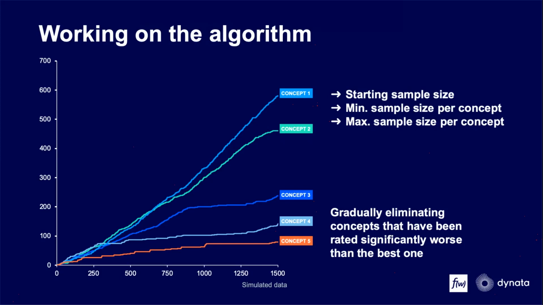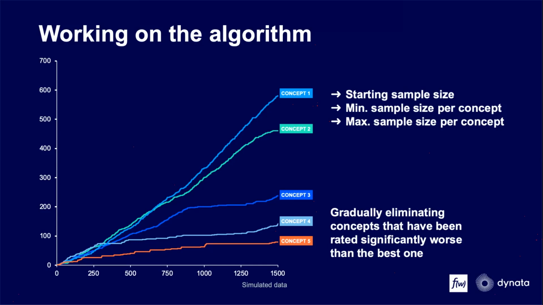Then we defined that the algorithm should work within a lower and upper limit of observations, so that there's at least 50 observations per concept here and a max of 600. And when the algorithm learned that concept X, for example, is significantly worse compared to others, it would not be shown, but would still be shown if the minimum sample size is not reached, so it would occasionally be repeated to make sure that the minimum target is achieved. Again, this is simulated data.